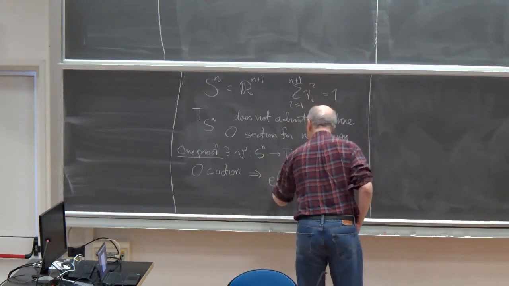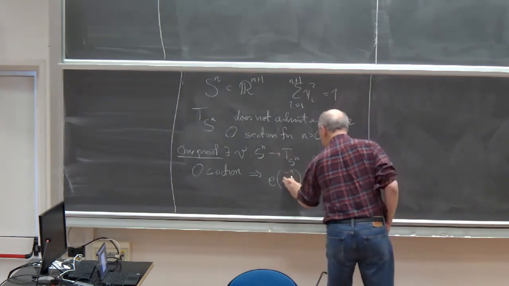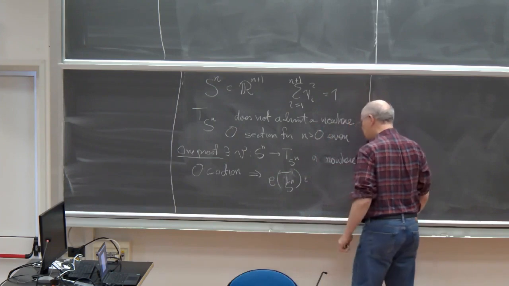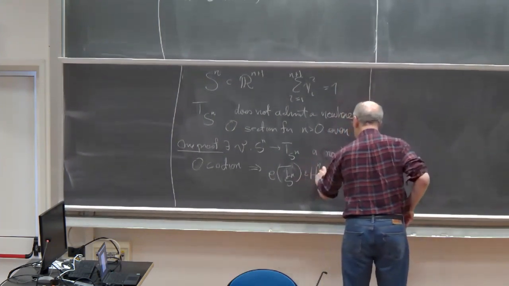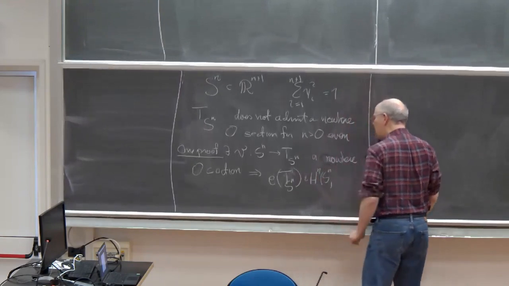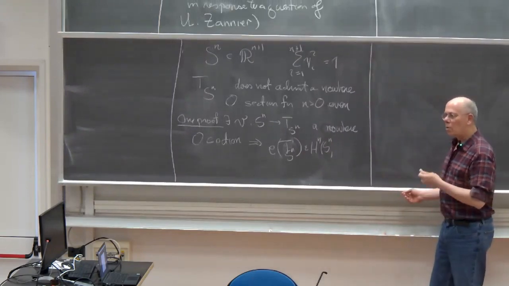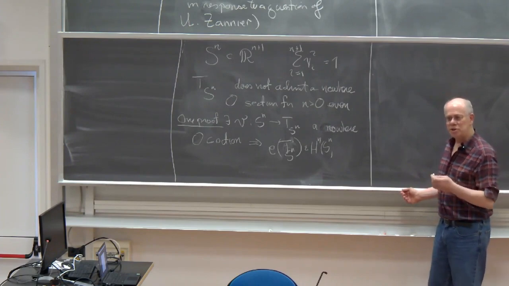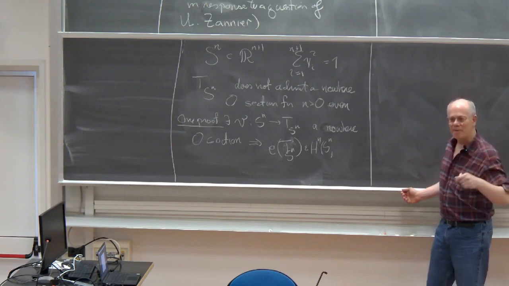Every real vector bundle has an Euler class, in this case the Euler class of the tangent bundle. It's a rank n bundle, so it would live in H^n of S^n. In general, the Euler class lives in the orientation bundle of the vector bundle. You take the top wedge, and that'll either be a trivial bundle or a Mobius band type bundle.